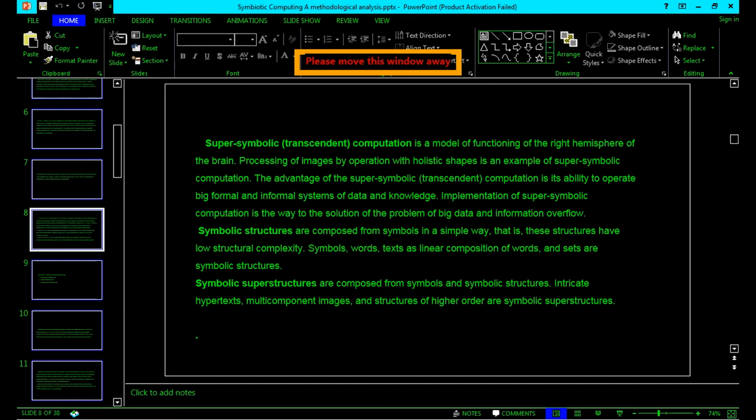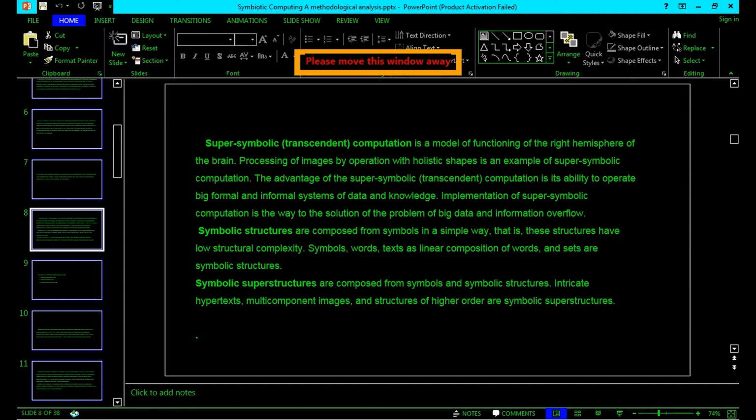Symbolic structures are composed from symbols in a simple way. That is, these structures have low structural complexity. Symbols, words, text as linear compositions of words, and sets are symbolic structures. Symbolic superstructures are composed from symbols and symbolic structures.